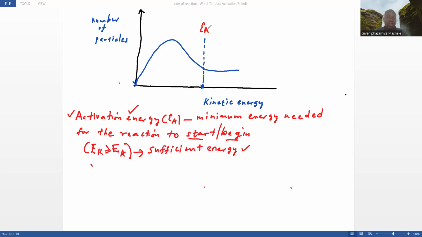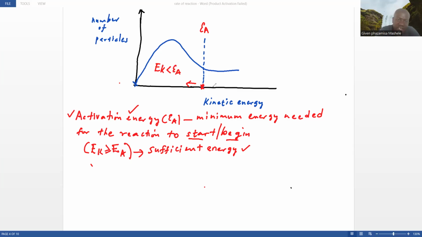You need to listen to me very well so that you can understand. If we have an activation energy, any kinetic energy below the activation energy is on this side, where EK, the average EK, is less than the EA.